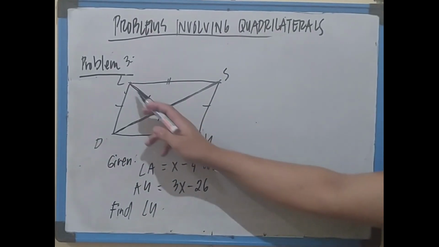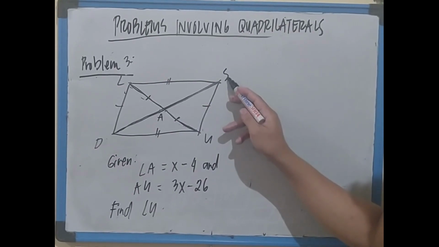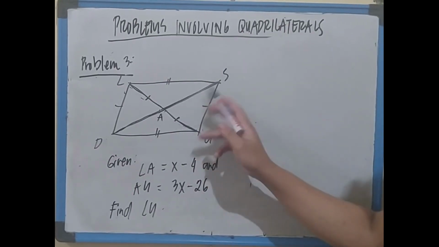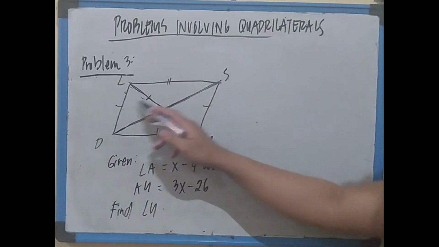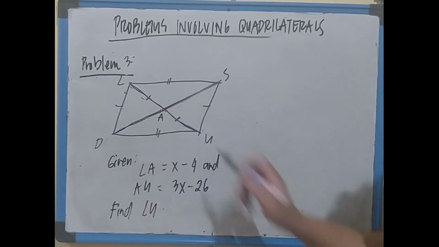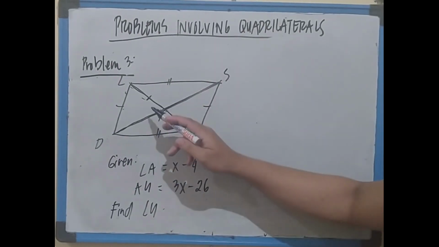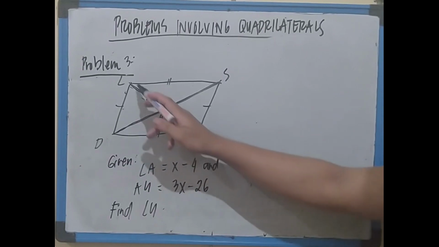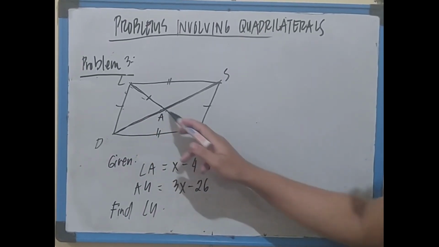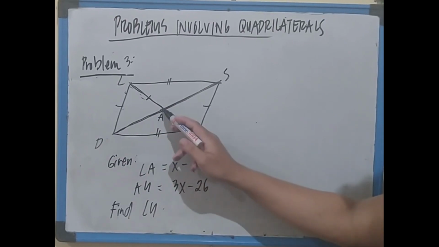So, bisector po yan. So, sabihin, yung sukat nito at ng sukat nito ay parehas lang po. Also, yung sukat nito na AS at ang sukat ni AD ay parehas din. Pero hindi po pwede na LA is equivalent to AS. Hindi po pwede kasi parallelogram po ito, no? So magkaiba po ang sukat nito. Kung rhombus po siya, pwede pong pare-parehas din po yan. Pero since this is parallelogram, that becomes yung LA is only equal to AU. So hahatiin po yan ng isang diagonal dito. Okay?